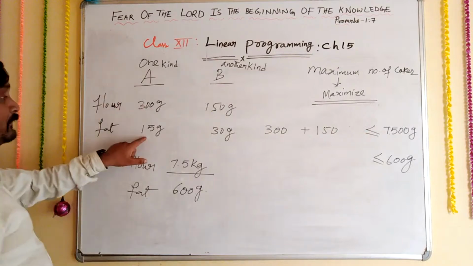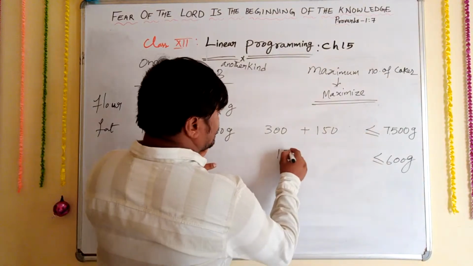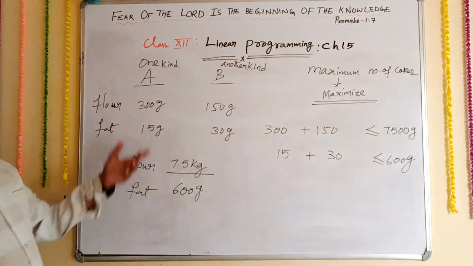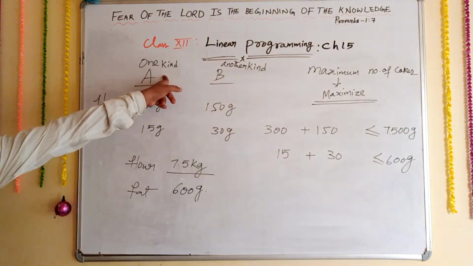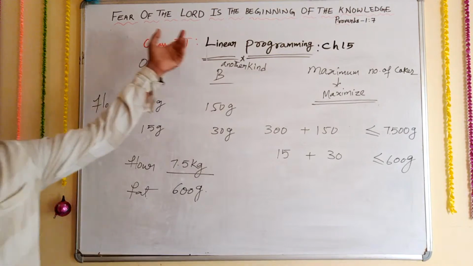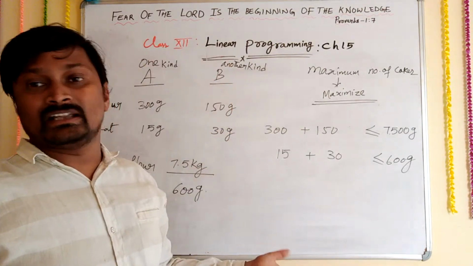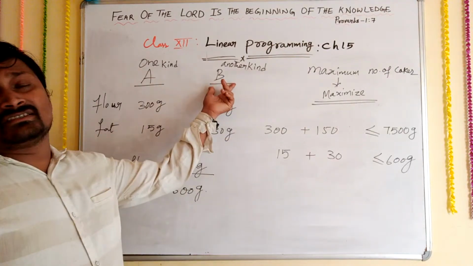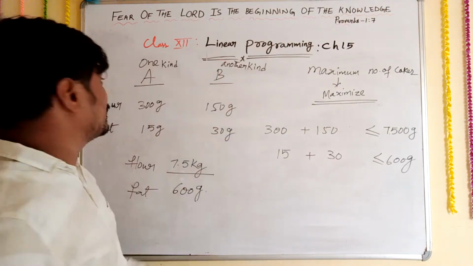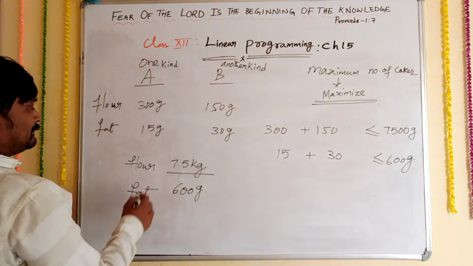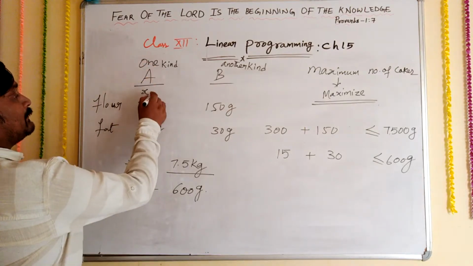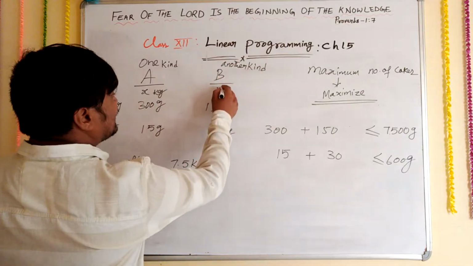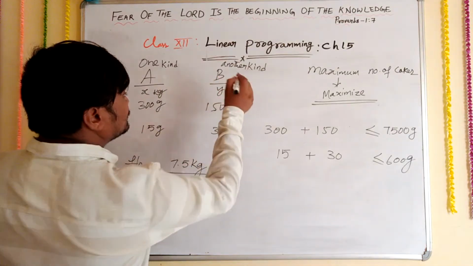Now next one, 15 grams and 30 grams. So 15 grams plus 30 grams. Now for this type, one kind of cake and another kind of cake, how many cakes have they given? Not given, and for the second kind of cake also nothing is given. So the first kind of cake I may think of as A kind, as x kgs, and the B kind as y kgs.